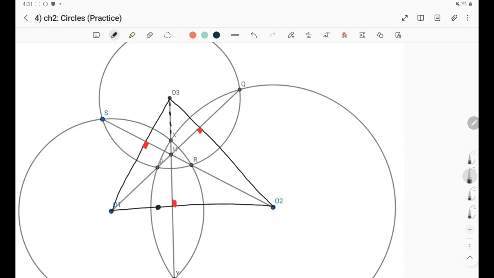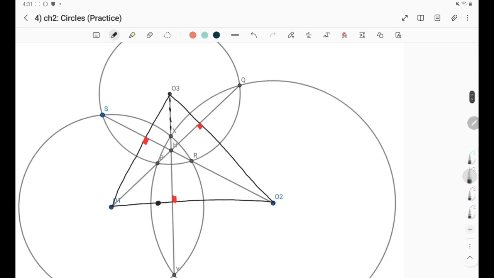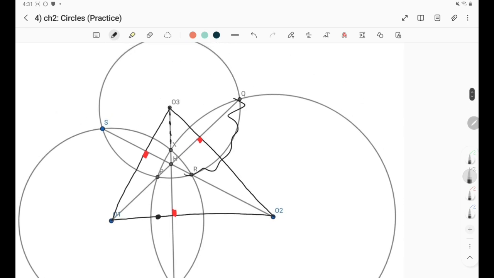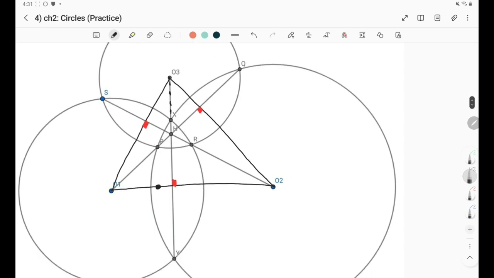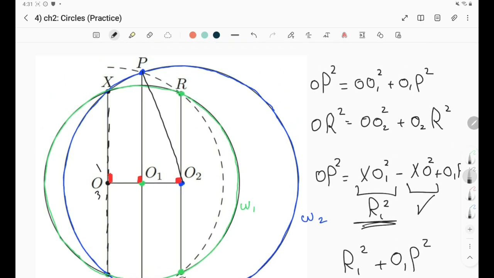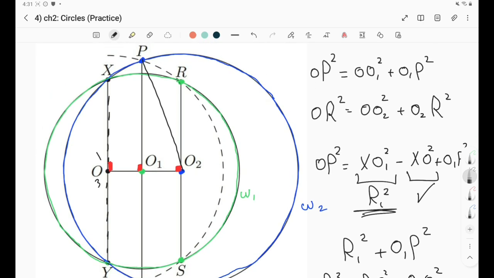However, the main poisonous trap that we should always be careful about when we apply this theorem is that you need to consider the case that H doesn't exist. What does it mean? It means that these lines are parallel, and that happens when O3 lies on O1O2. And in that case, we just proceeded with a length tracing proof. Alright, so we're done with this problem. Let's move on to our next example.